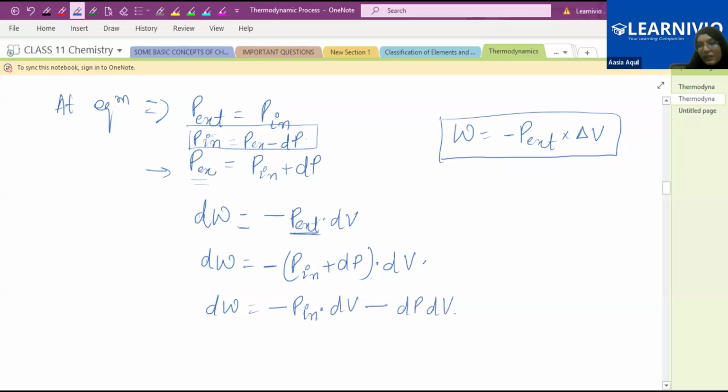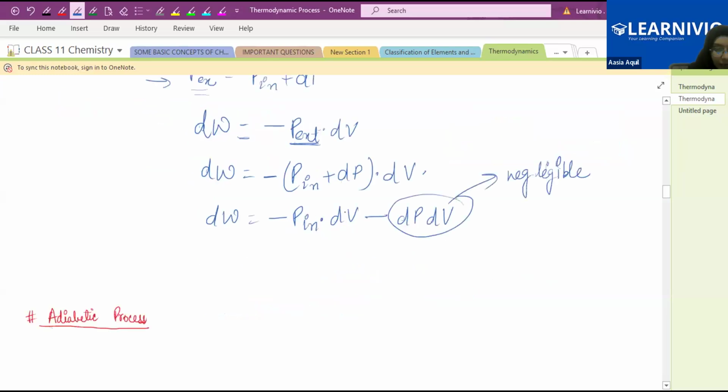Now see, its value is quite small, so what do we do? We neglect it. It's negligible. So this value we will just neglect from the equation, and you will get dW equals minus P internal into dV.